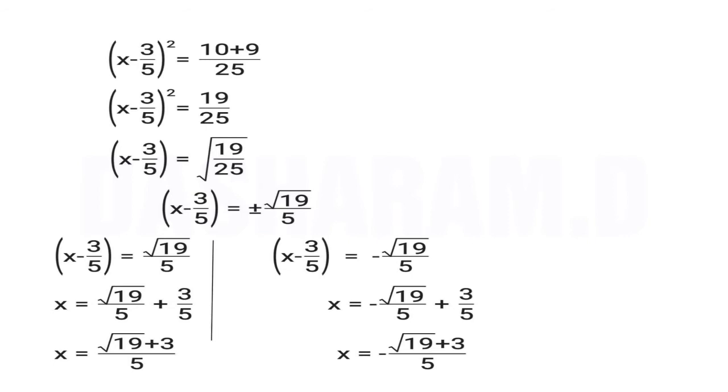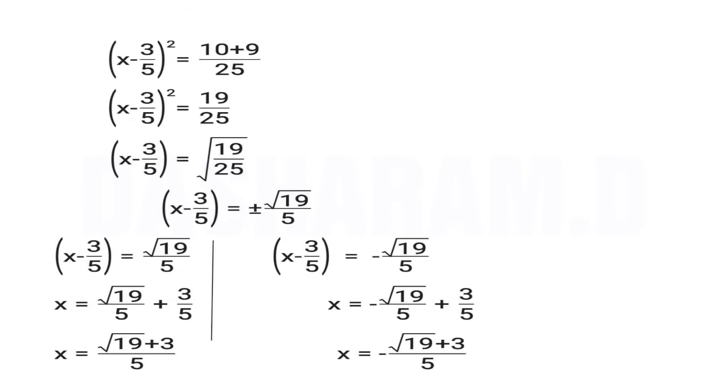Here we should take plus or minus, because for every square root there are two answers, one positive and another negative. So x minus 3 by 5 equals root 19 by 5, and x minus 3 by 5 equals minus root 19 by 5. Transposing the minus 3 by 5 to the RHS, we get root 19 by 5 plus 3 by 5. The denominators are the same, so root 19 plus 3 by 5 is the first x value.